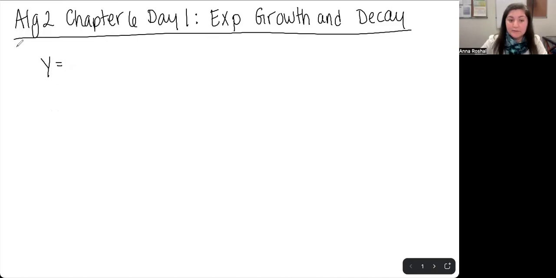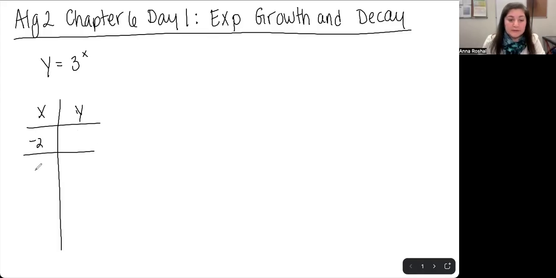So let's say I replaced b with 3, for example, to the x power. We're going to make an XY table, and we are going to choose -2, -1, 0, 1, and 2. And we are going to solve for y by replacing this x.